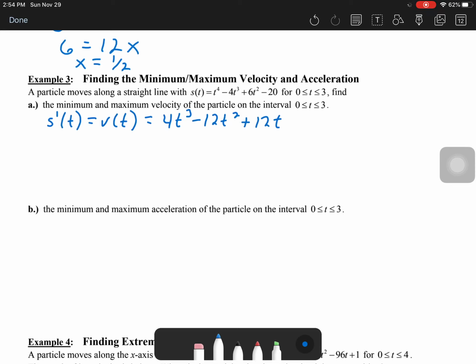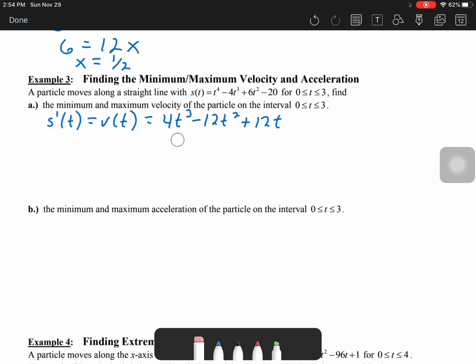And so I want to set that equal to 0, right? So I'm going to set this equal to 0. And to solve that, I think I can factor out, let's see here. Oh, no, I haven't done this yet. I'm not setting that. Let me back this up.